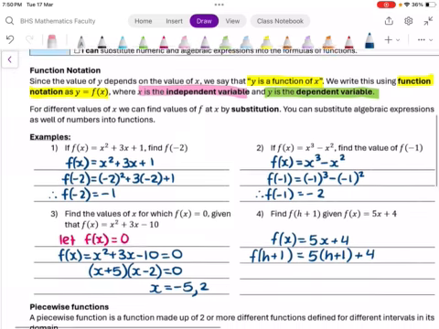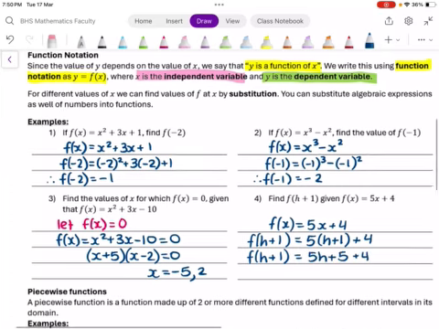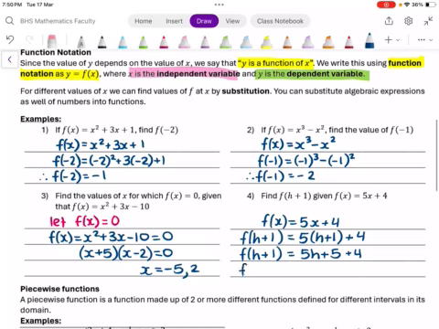So we'll have 5 lots of h plus 1, plus 4. We then want to expand our bracket here, so we'll have 5h plus 5 plus 4. This then gets us, by collecting like terms, that f of h plus 1 is equal to 5h plus 9.